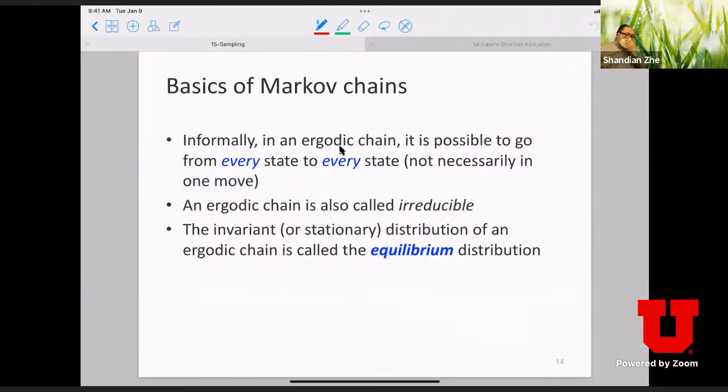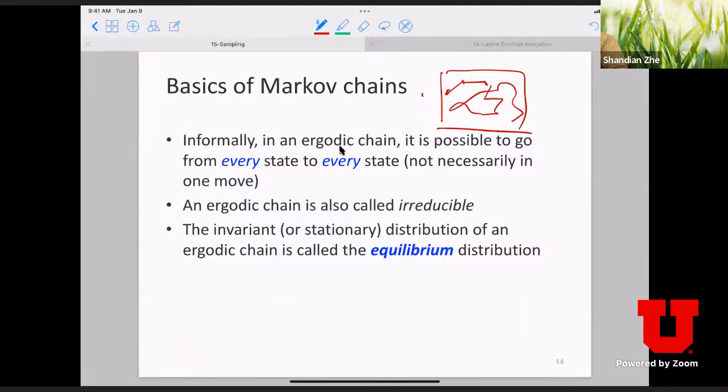Informally, for an ergodic chain, there is positive probability to go from every state to every state. If this is your state space, meaning all possible values your random variable can take, an ergodic chain can jump to every possible value in this domain.